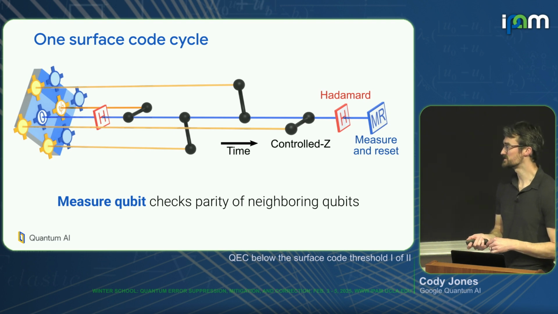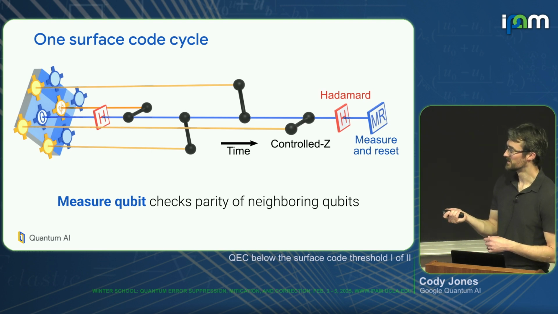So what does the surface code cycle look like? This is now an exploded 3D diagram showing, from the perspective of these qubits, how they flow in time from left to right. We might have one of our qubits being initialized in a 0 state, and then it goes through a Hadamard gate, and then it's experiencing CZ gates.